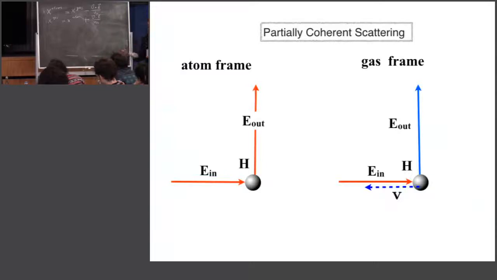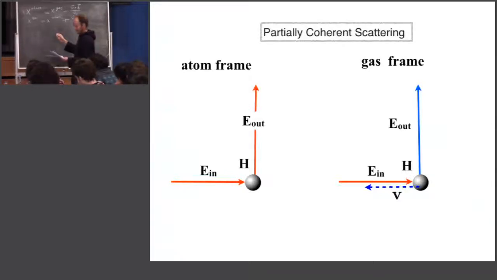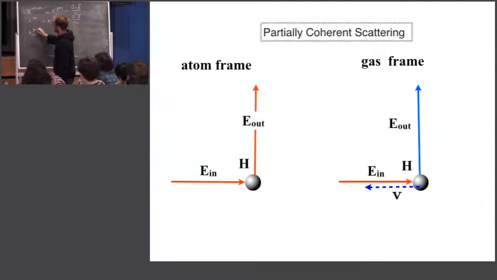We know that in the atom frame, partially coherent scattering means that the frequency before and after scattering are identical, right? So we're going to start out with saying, what is the frequency of the photon after scattering in the gas frame? We're going to call this x gas out, right? Well, we know it's the frequency of the photon in the atom frame after scattering plus v dot k over the thermal velocity.